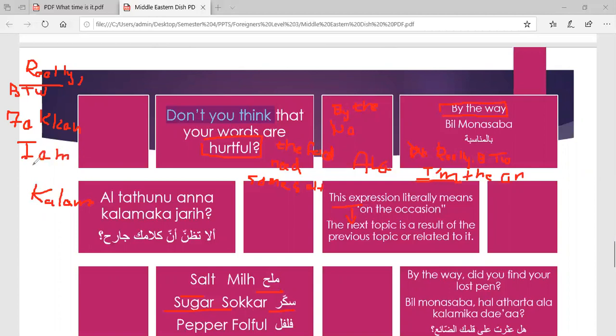I am the one who, so it's like Ana man. أنا man made, صنع this food, هذا الطعام. So by the way, I am the one who made this food.